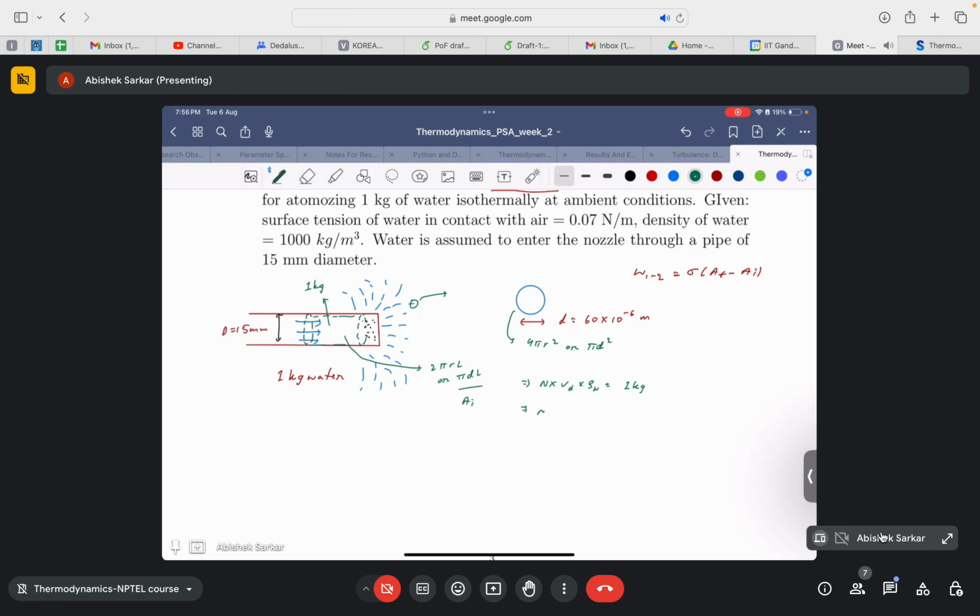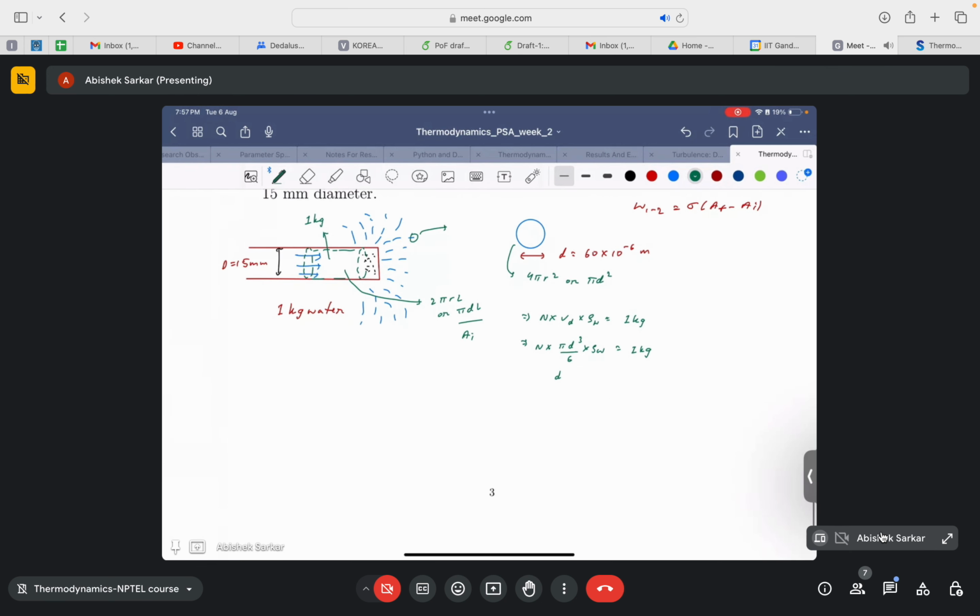Now we know that the volume of a spherical shape, a sphere, in terms of diameter, will be given by d cube by 6 into rho w is equal to 1 kg.